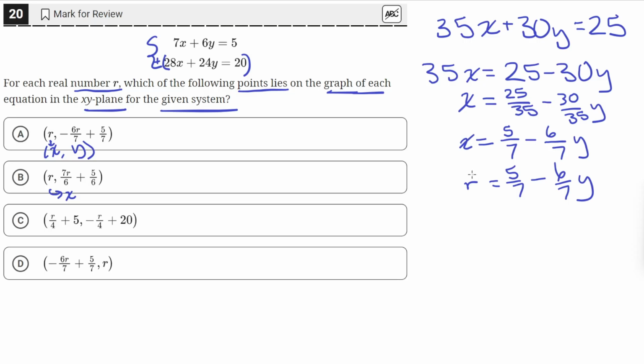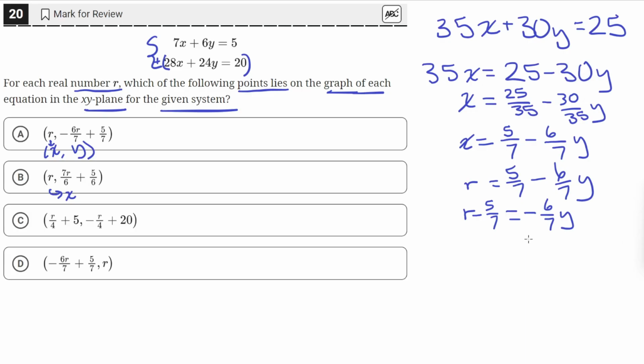So when the x value is r, we need to find the value of y. So let's rearrange this to solve for y. So r minus 5 over 7. Move the 5 over 7 to the other side. So on this side, we'll only have negative 6 over 7 times y.